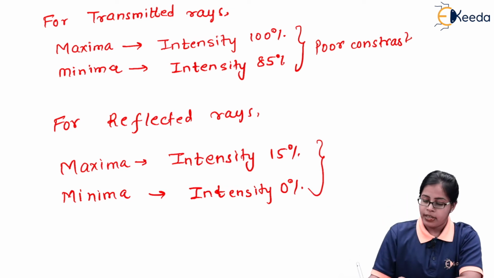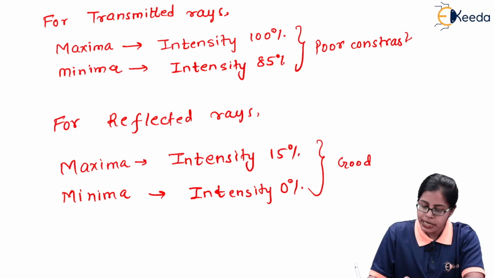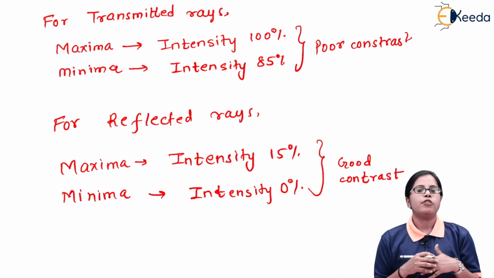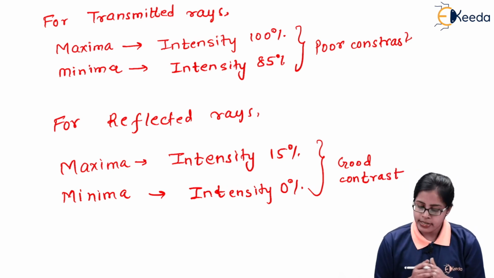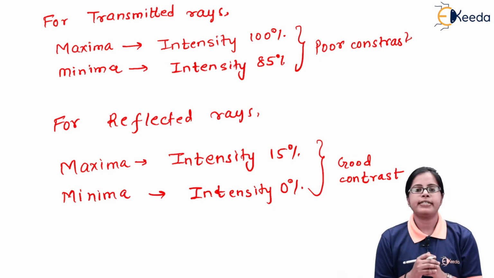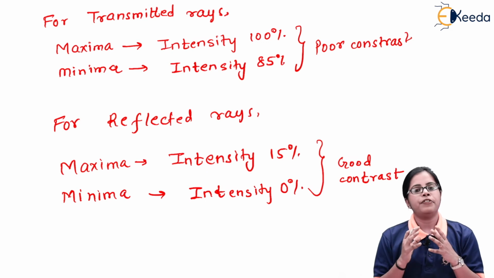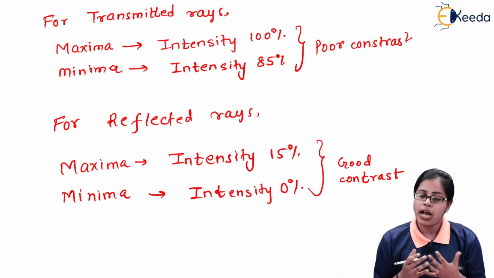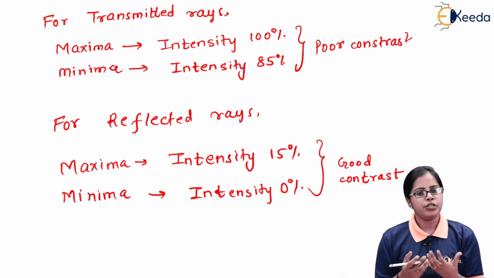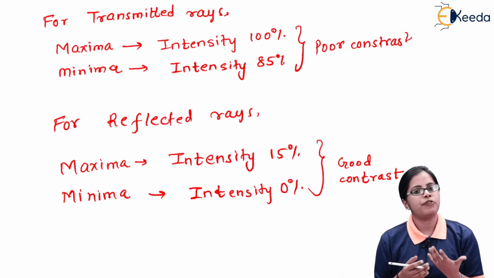So obviously, if I look at both systems, whether transmitted or reflected, we obtain very good contrast in the reflected system as compared to the transmitted. So what we can say is that the visibility of fringes is much higher in reflected rays. When you say fringes, fringes is nothing but another word for band.